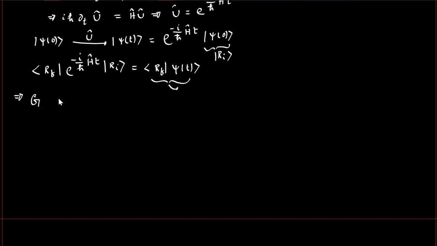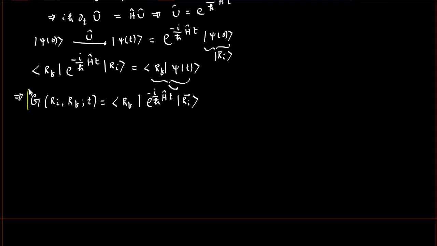So the amplitude, or G, we usually call it the kernel also, of the particle starting from the initial position to the final position after time t is equal to the bra vector r f, exponential minus i by h cross Hamiltonian into t, the ket vector r i. Okay, this is the actual expression we wanted to calculate.